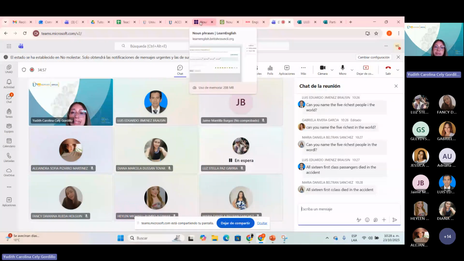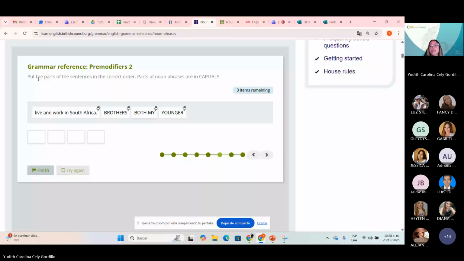What about this? Live and work in South Africa. The other word, brothers, that is the plural word. But my younger. What do you think is the order?